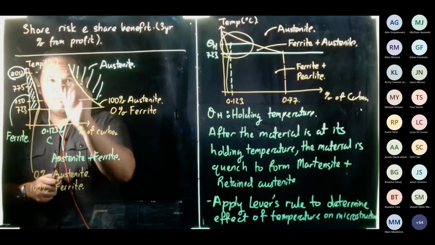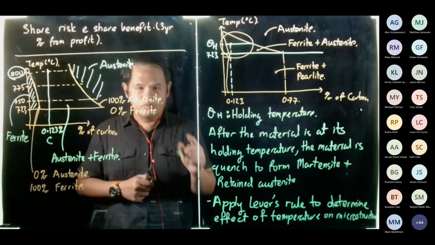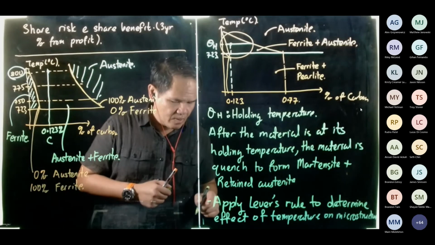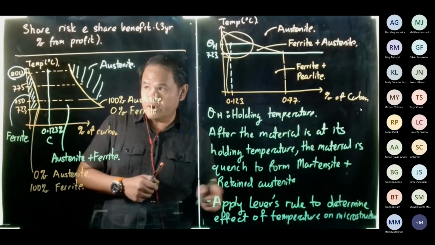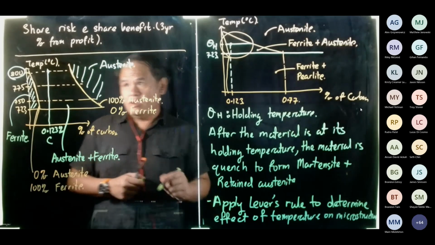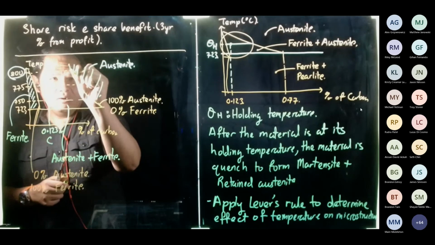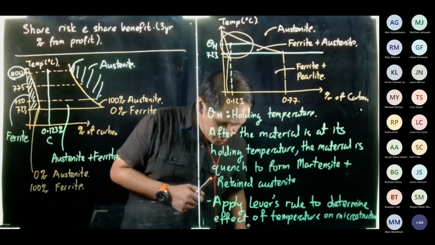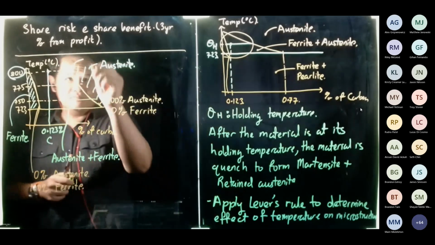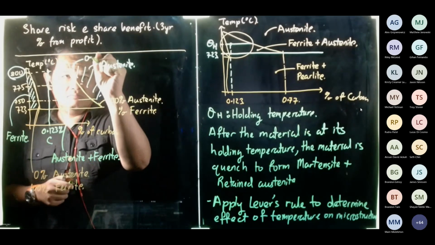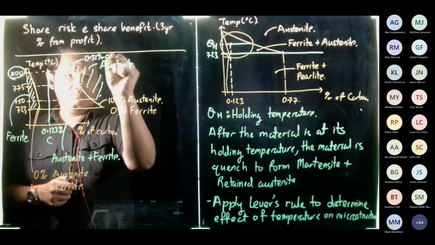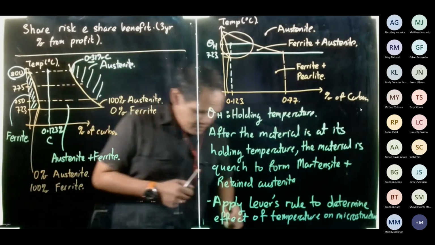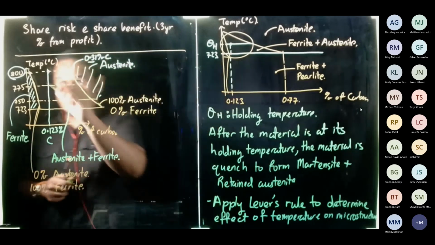Then from here, we use Lever's rule to calculate the percentage of austenite and ferrite. So over here, this is at 0.31. This number is important. Over here, the number is 0.03.